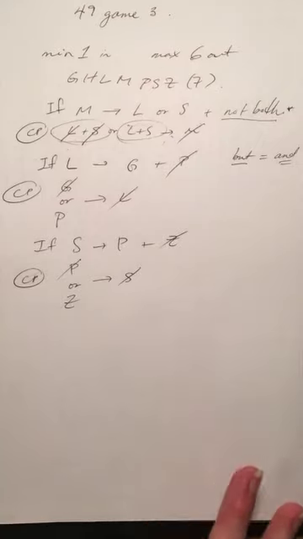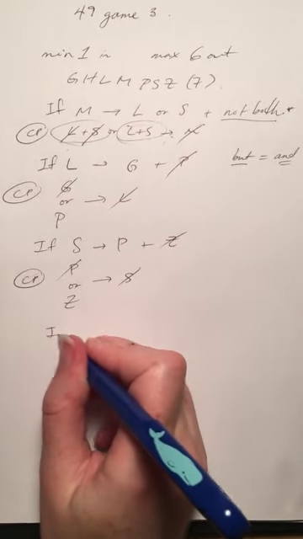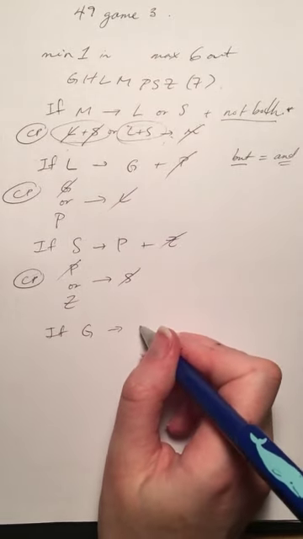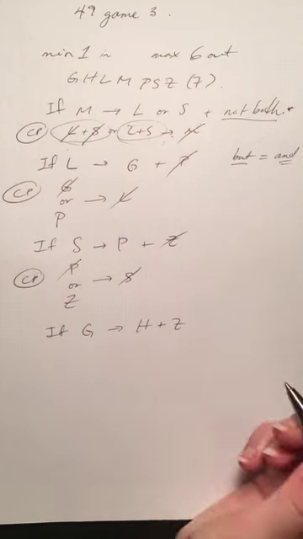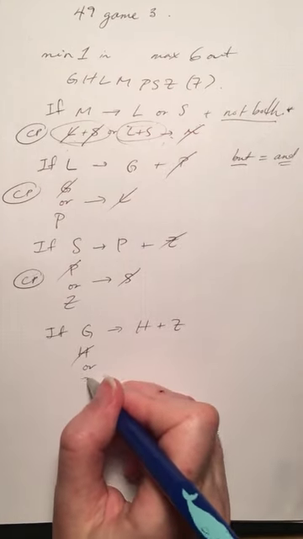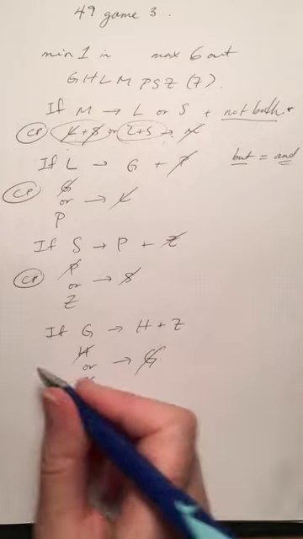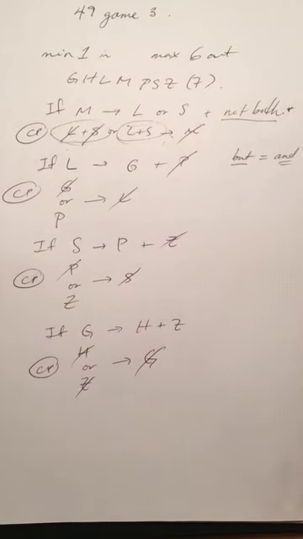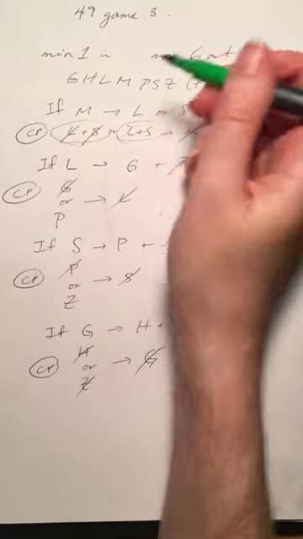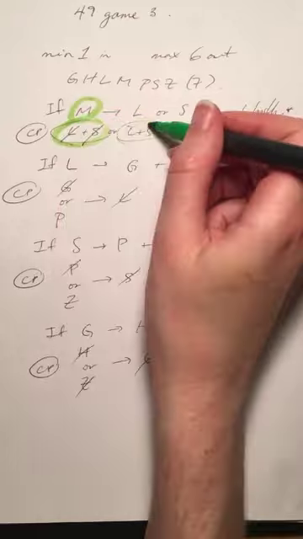That is our contrapositive. And if G is offered, then both H and Z are offered. So if either of those guys is out, we know G is also out. So there's our contrapositive. Okay, so if I go through each of these, what I'm looking for is the rule triggered.